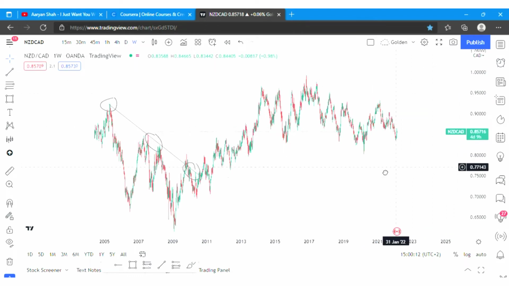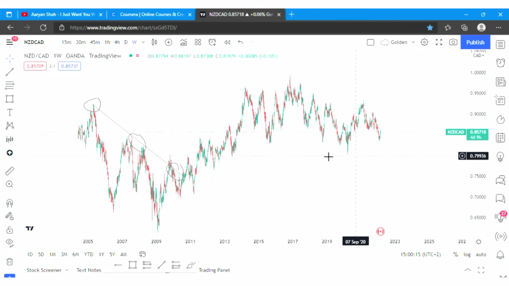Right now, after this breakout, the market moved in an impulsive manner, and here we have some sort of a ranging or consolidation market. Because this is a bigger time frame, we're on the weekly, when we go down to smaller time frames we'll see that this consolidation market doesn't exist there, because smaller time frames are building blocks to higher time frames.